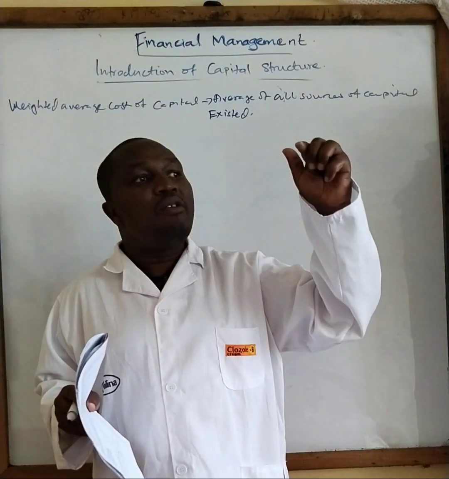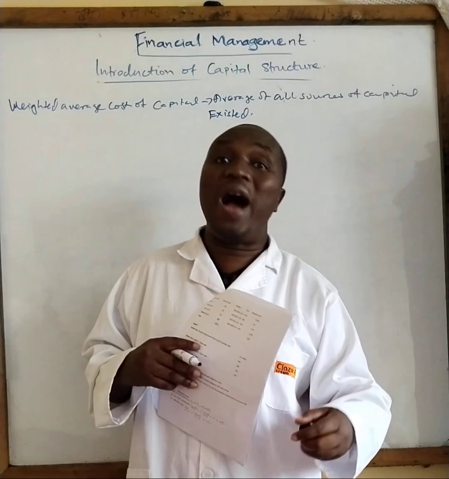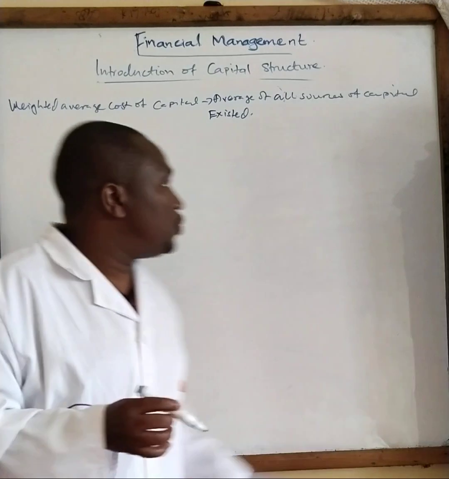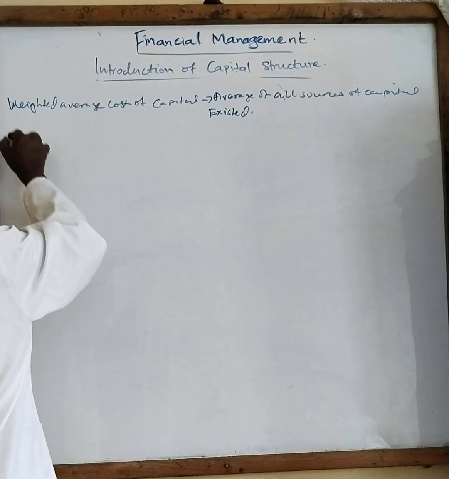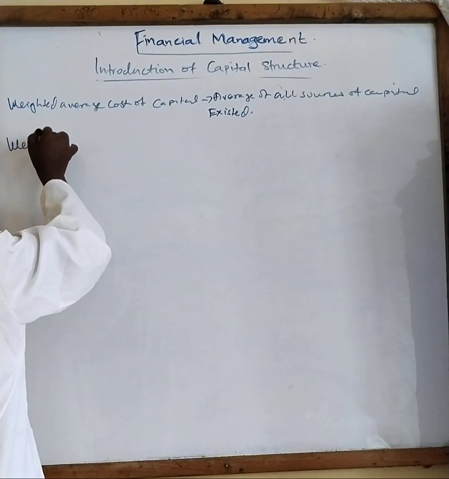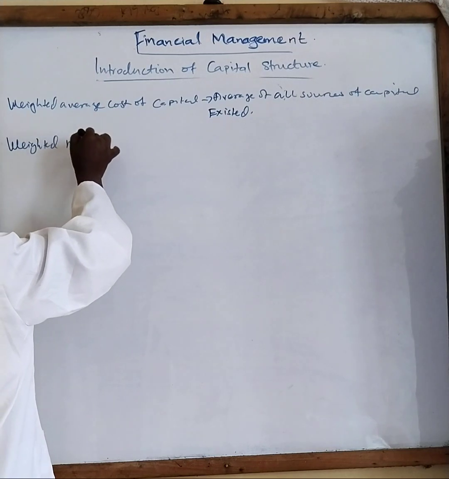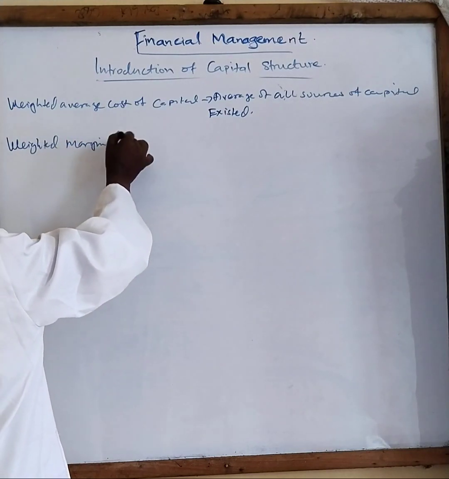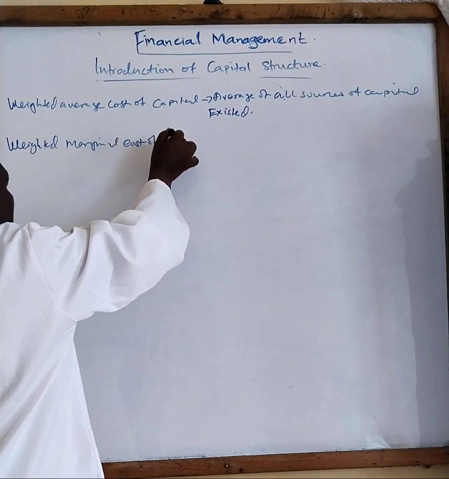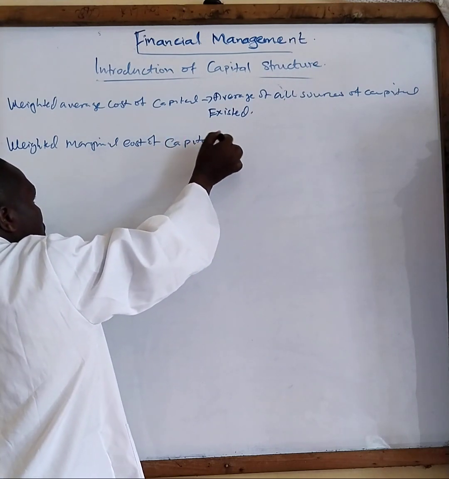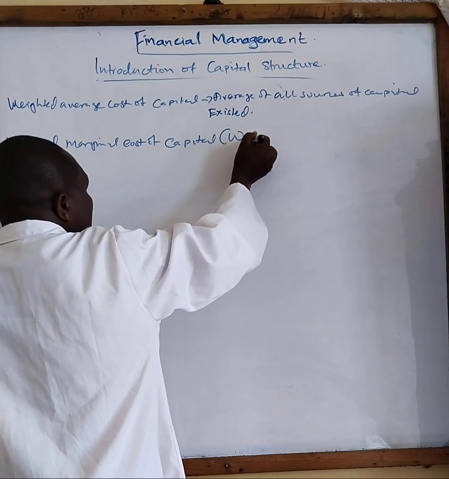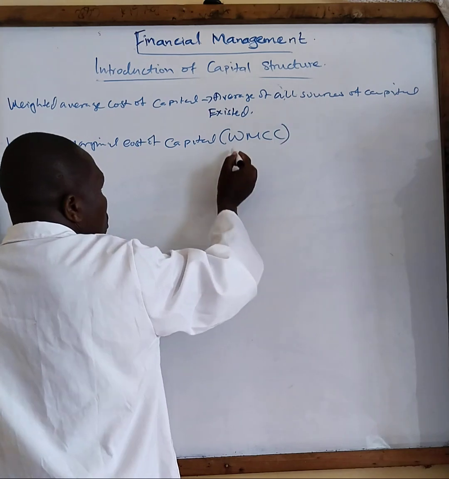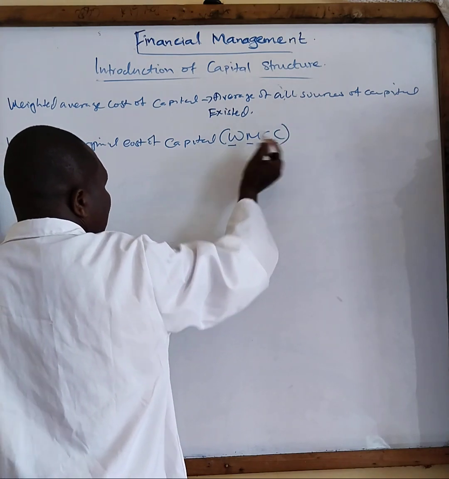That additional capital is what they call marginal cost. So for that case, we have the weighted marginal cost of capital, abbreviated as WMCC.